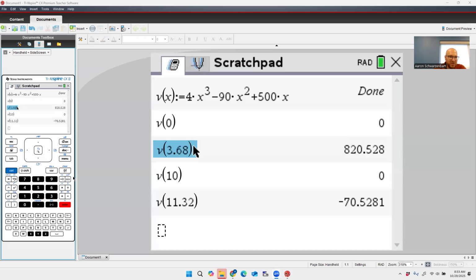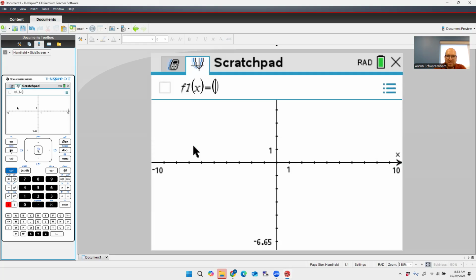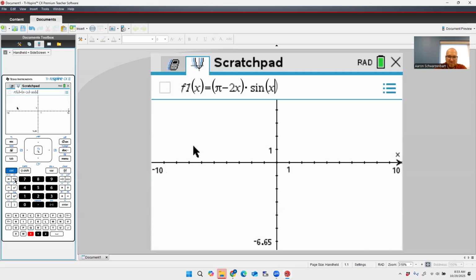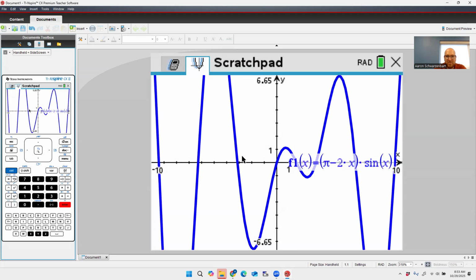So we grab a graph. Okay, I'm in radian. You pretty much always need to be in radian for graphing and definitely need to be in radian for calculus.